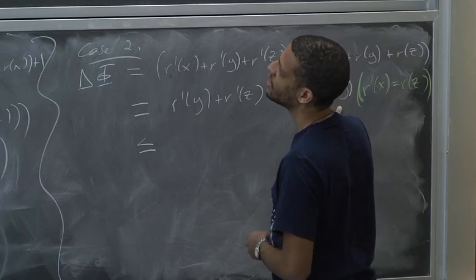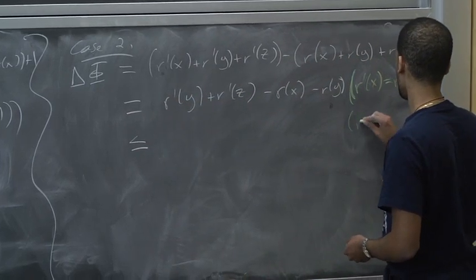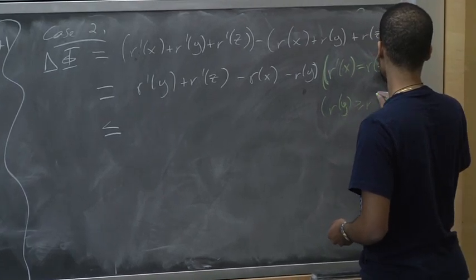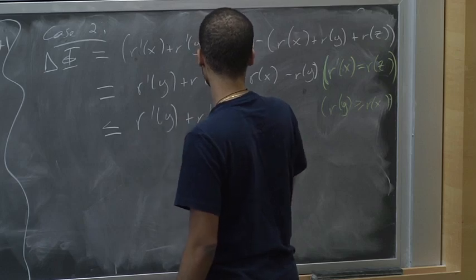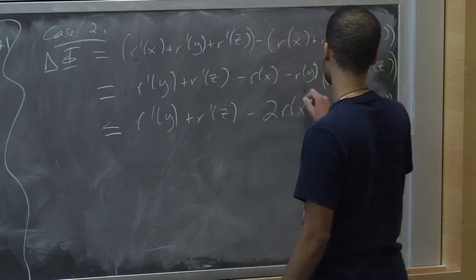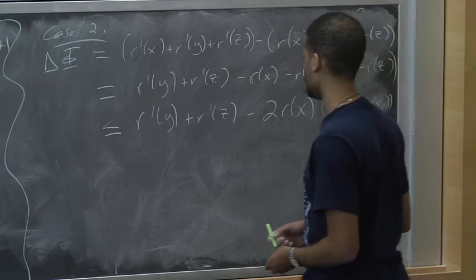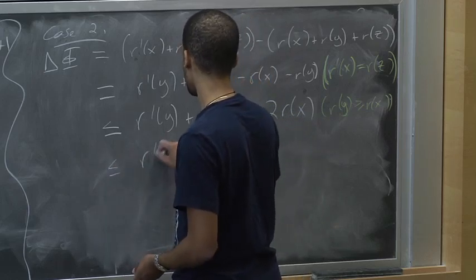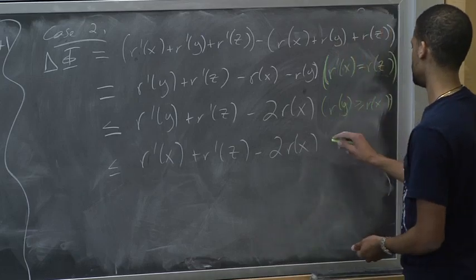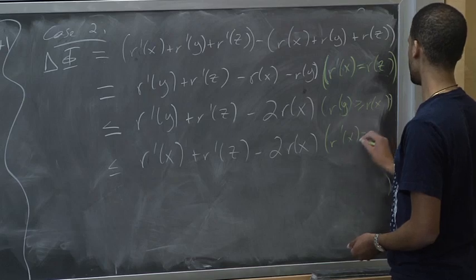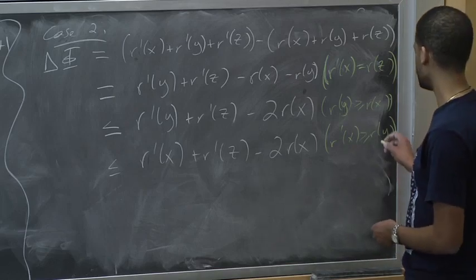I know that R of Y is bigger than or equal to R of X. So this is at most R prime of Y plus R prime of Z minus 2R of X. And then I know R prime of Y is less than or equal to R prime of X. And then this is less than or equal to R prime of X plus R prime of Z minus 2R of X. This is because R prime of X is greater than or equal to R prime of Y.